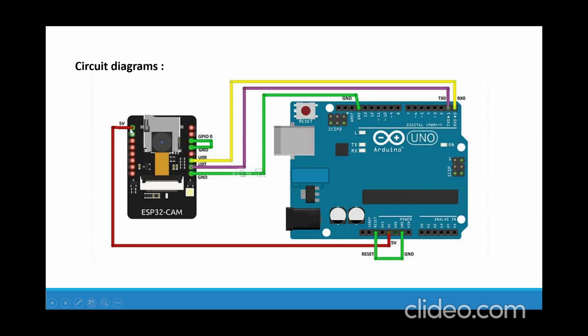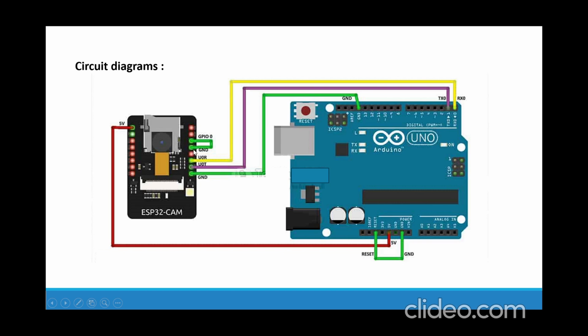The 5 volts of the ESP32 cam module is connected to the 5 volts of the Arduino Uno, and the reset pin of the Arduino Uno is connected to the ground terminal of the Arduino Uno. Why did we connect this? When we reset the Arduino Uno, the program in the microprocessor must be erased, so in order to erase it, we connect this wire.